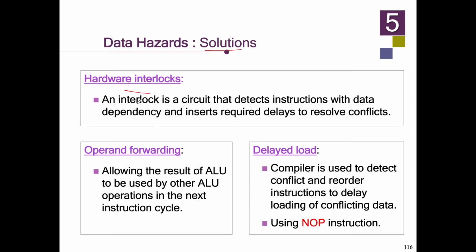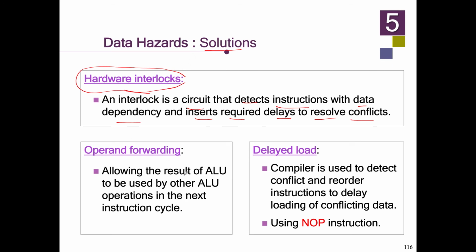Hardware interlock. An interlock is a circuit that detects an instruction with data dependency and inserts the required delay to resolve the conflict. So this is the hardware interlock for your data hazard solution.